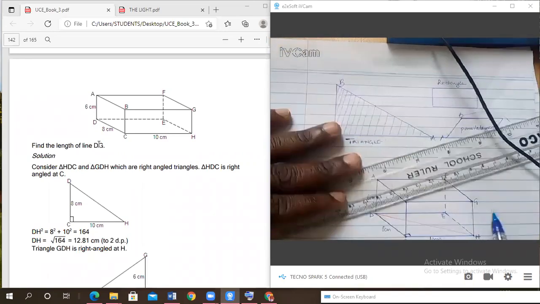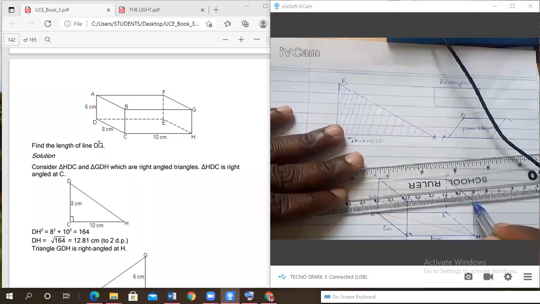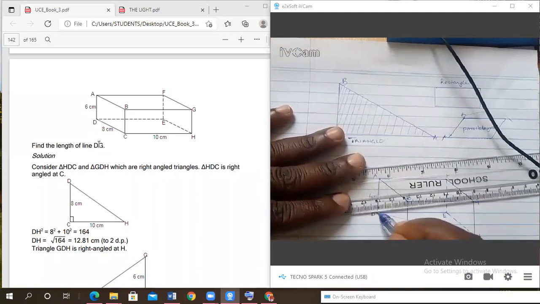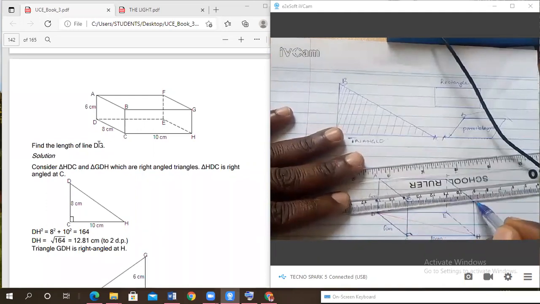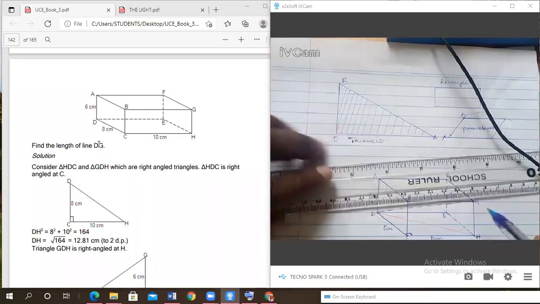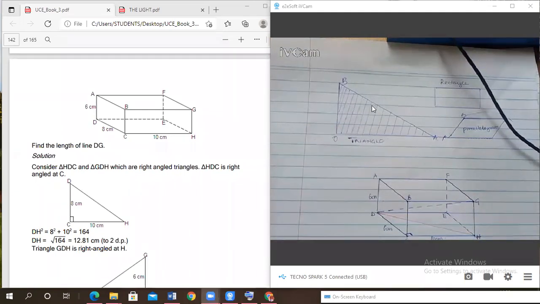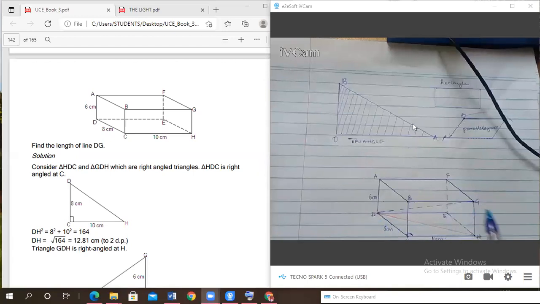So let me draw that, and I make it a dotted line to separate it from other lines. So they are telling us to find the distance between D and G, or the length of the line from D to G.